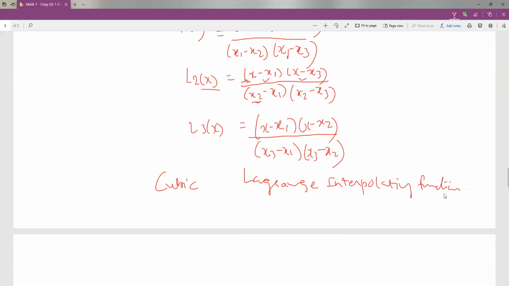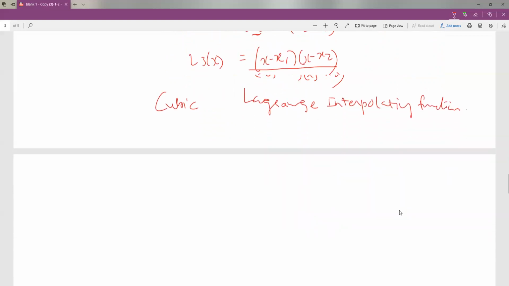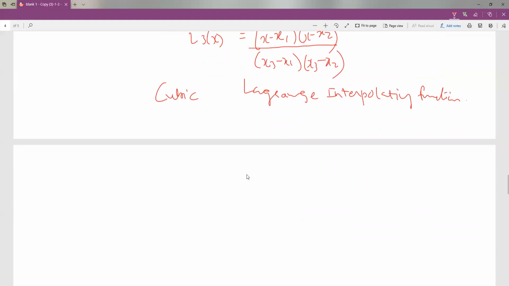Now coming back to our example which we solved last time for the linear interpolation function using Newton's interpolating formula. Let us consider the second order interpolation function.